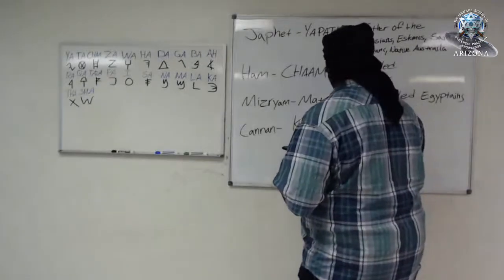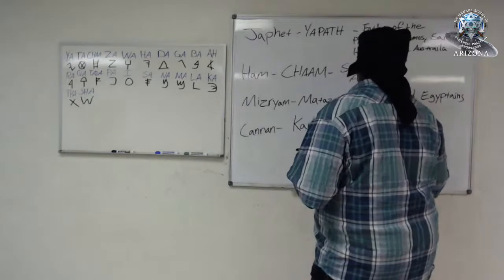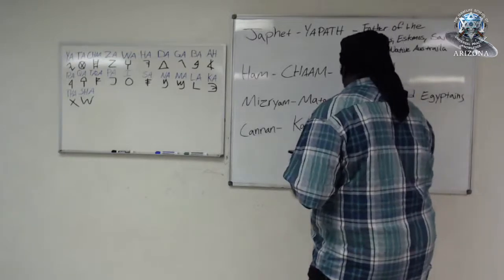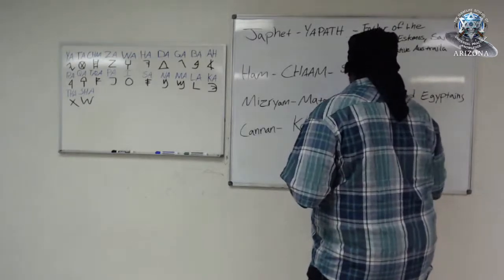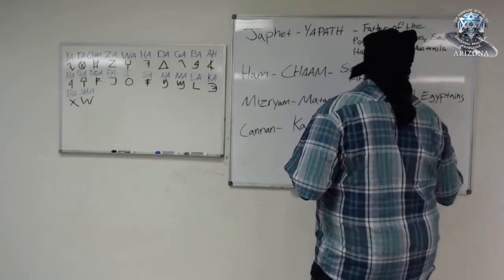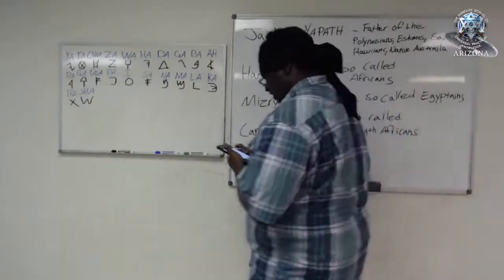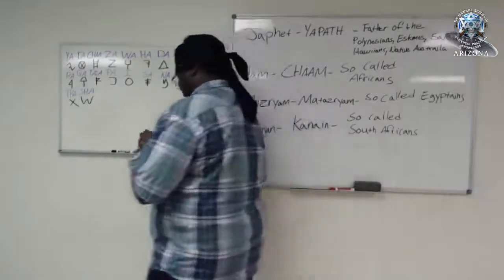And these are the so-called South Africans. The Canaanites, right? These are the real South Africans. So they were the ones that were there first.